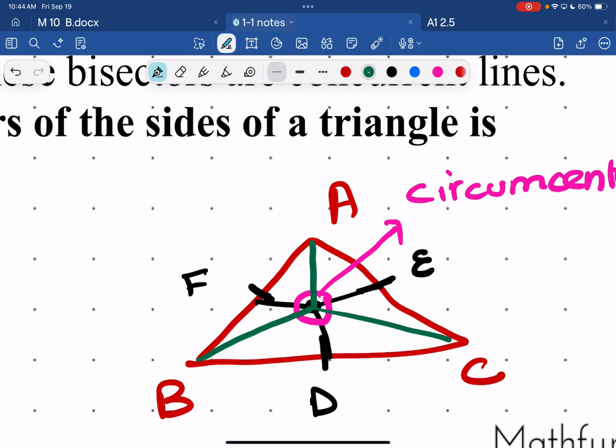Because it is on the perpendicular bisector. And any point that is on the perpendicular bisector is equidistant from the endpoints, right? So that means the circumcenter will be equidistant from all the vertices. All good with this? Please remember this. Draw it, put a star next to it so you won't forget. Because these are the features that would come up on your test.